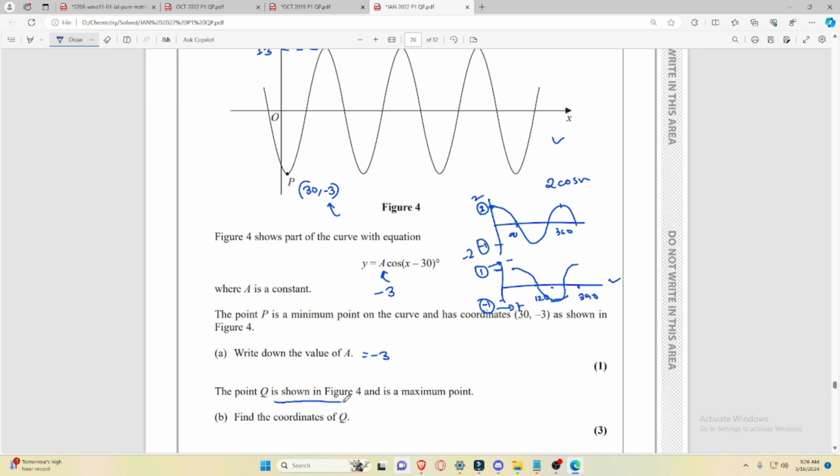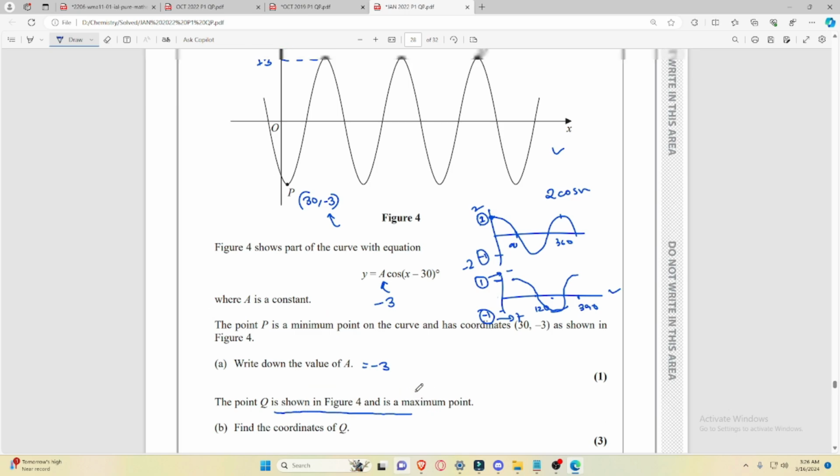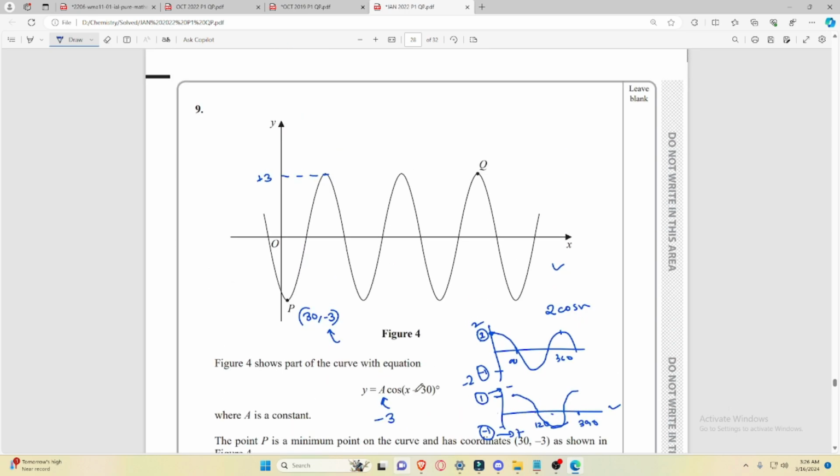Figure Q shows a maximum point, right? Find the coordinates of Q. Okay, so every single point is 30 boxes more than you would normally expect. See the relationship, this and this, they are exactly the same, just 30 boxes forward. So it was 90, it will be 90 plus 30 now.